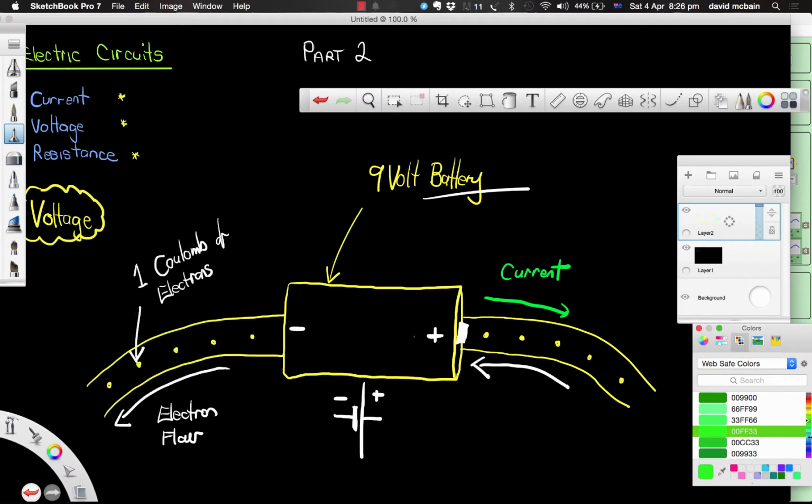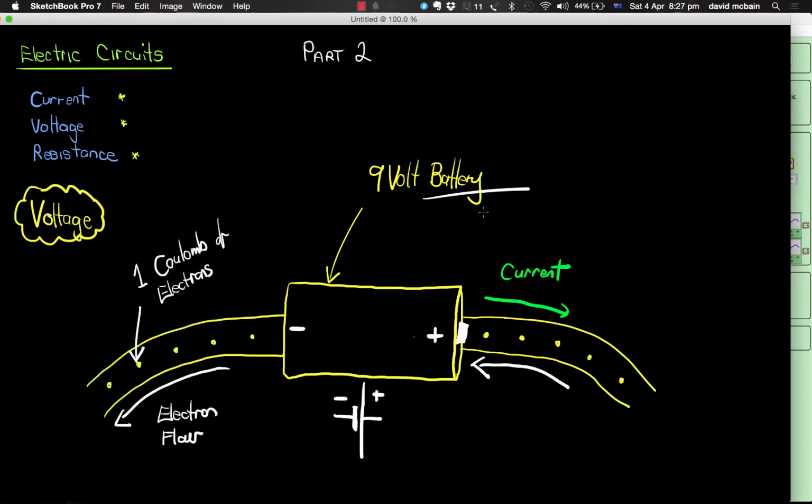Okay, so what do we mean by voltage? Well, voltage is a measure of the amount of energy it gives to each coulomb of electrons or charge as it enters the battery.